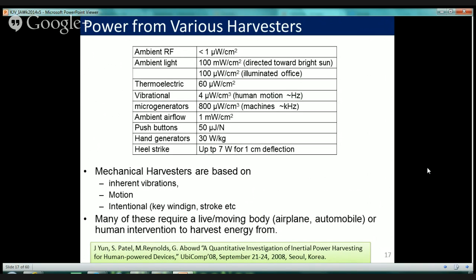But if you really look at it, all these forms of energy harvesting would require some kind of ambience in which these are available de facto. For example, in an aircraft or in an automobile, the vibration will be available, whereas if it is a body-worn device, you don't have vibration available.